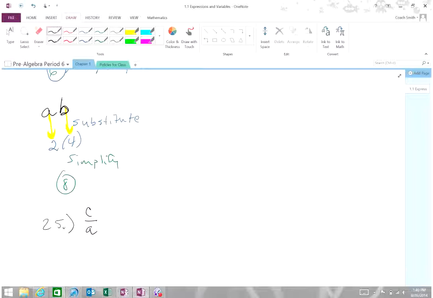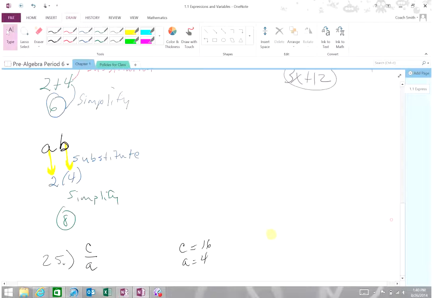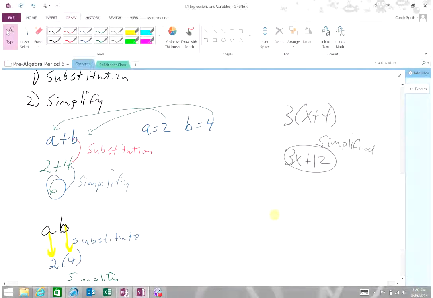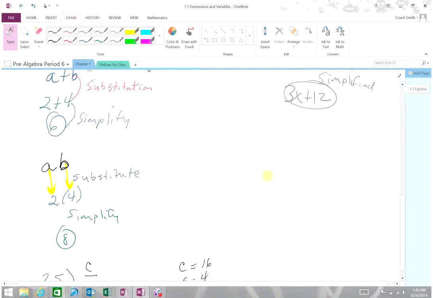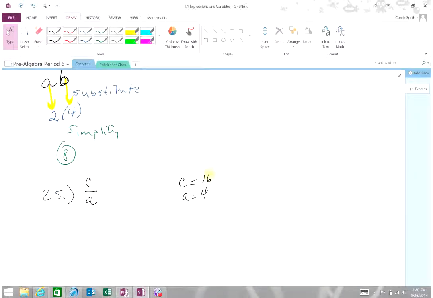All right, Anthony, what'd you get? 4. That is correct. Okay. C is equal to 16. A is equal to 4. I had them reversed. We've been saying A is 2, and I had them reversed up here. So you may have gotten 8, which is fine. But basically, we take these values, plug them in here for each of the letters.